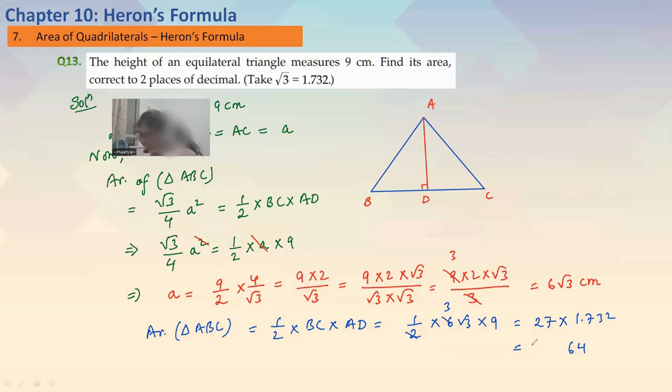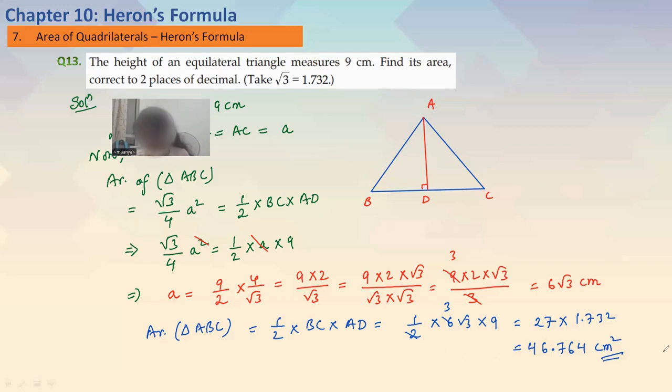I'll just check on the calculator if I'm correct. Yeah, it seems to be fine. Last digits you got where? Confirmed it. Must be correct. 1.732 into 27.